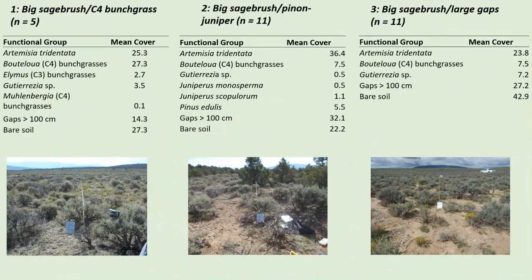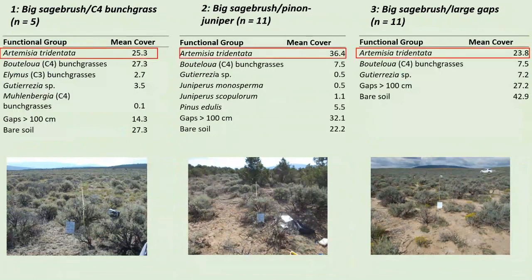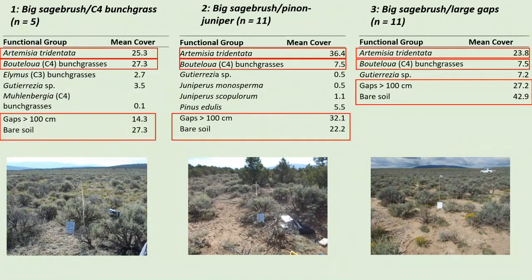So these modal concepts can be compared with one another. In this example, they are all driven by big sagebrush. They all have a warm season Bouteloua bunchgrass component, though it varies across them. And we see that bare soil and the proportion of large gaps vary as well, indicating that there could be some functional differences among these vegetation communities.